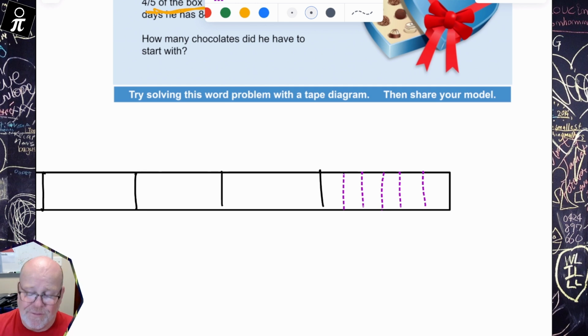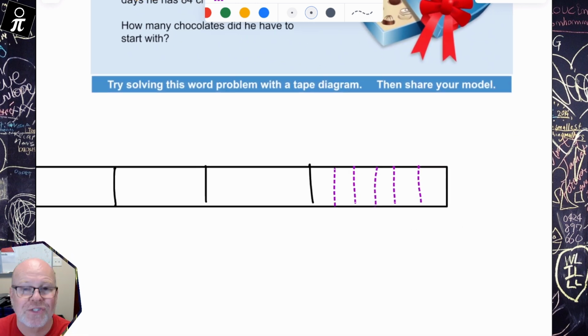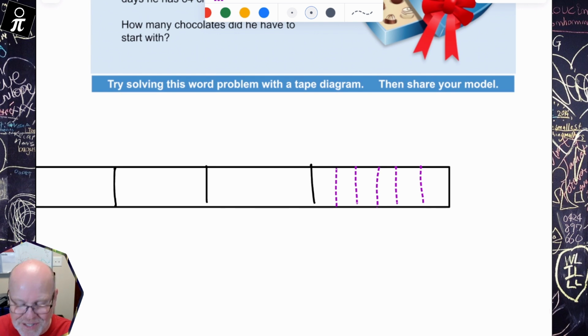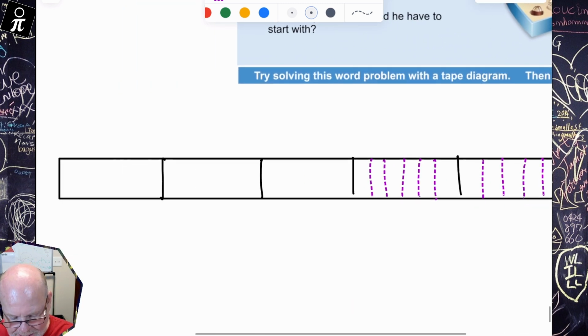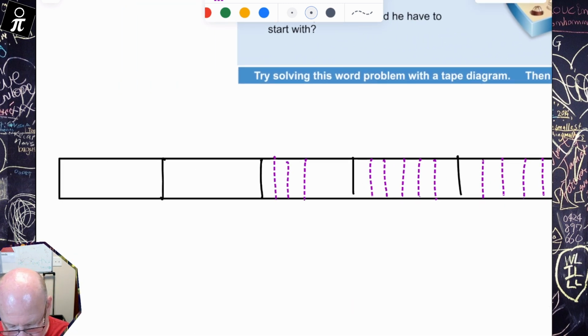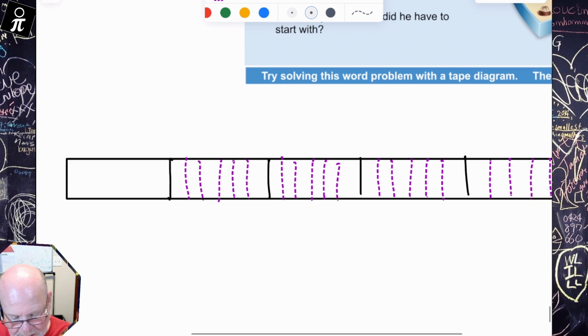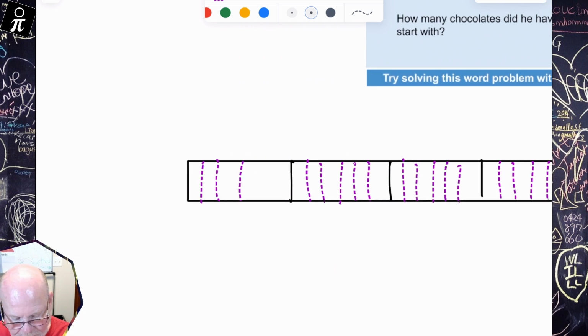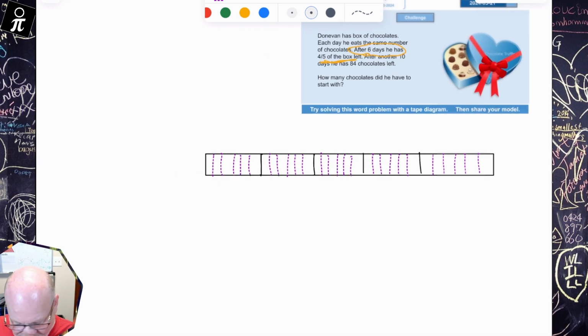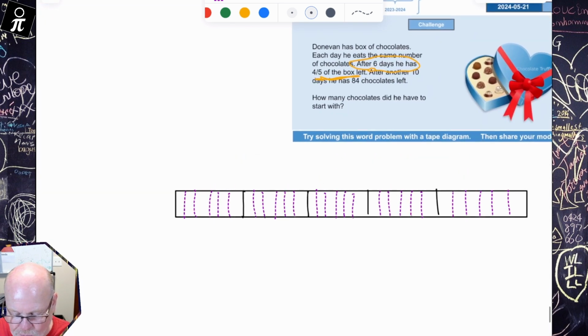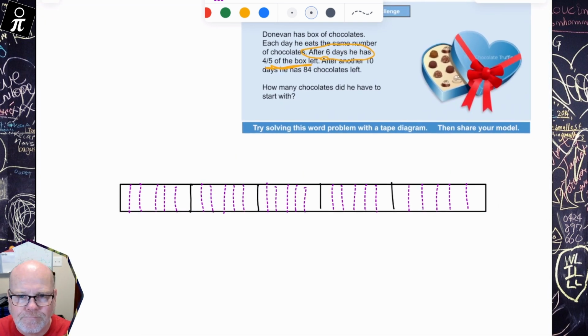Well, if it took 6 days for Donovan to eat that fifth, it means it's going to take 6 days for him to eat this fifth. It's going to take 6 days to eat this fifth, and this fifth, and this fifth. All right, so that's how it goes right here. That's what it's going to look like.